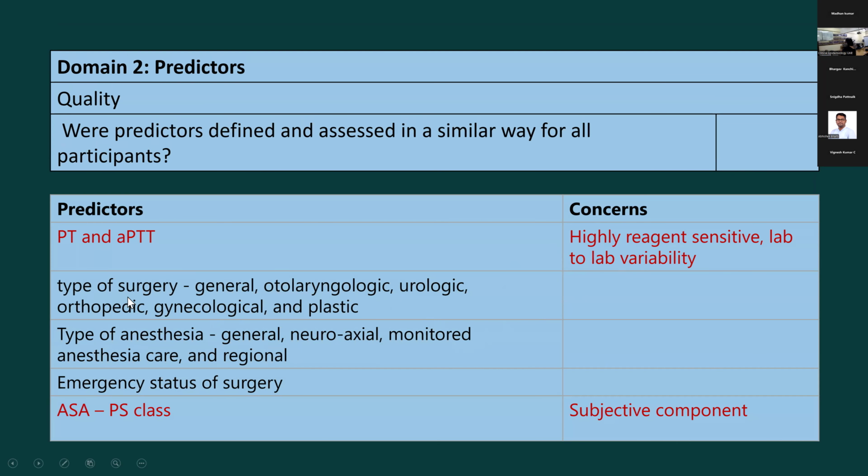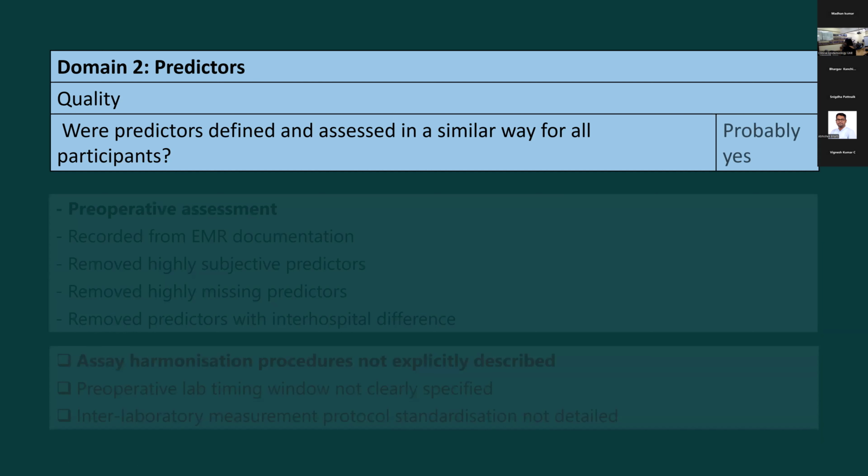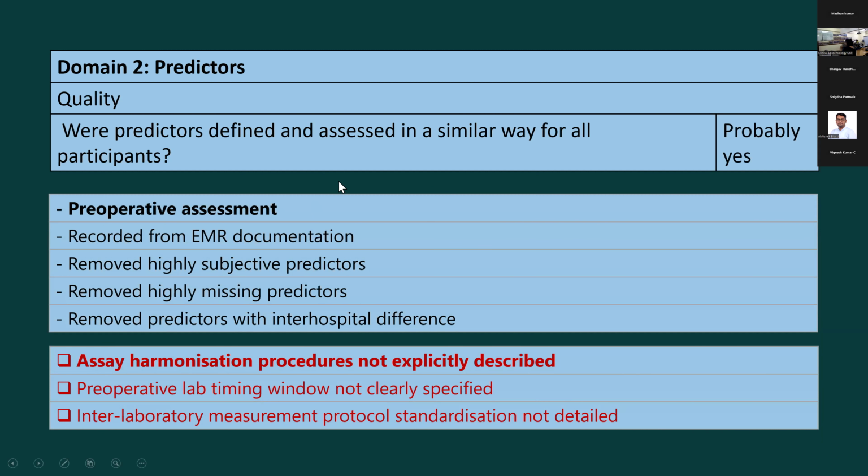The other variables were type of surgery, type of anesthesia, and emergency status of surgery. And then there is ASA PS class, which can still be subjective depending on who is recording that. These were all preoperative assessments recorded from the EMR.